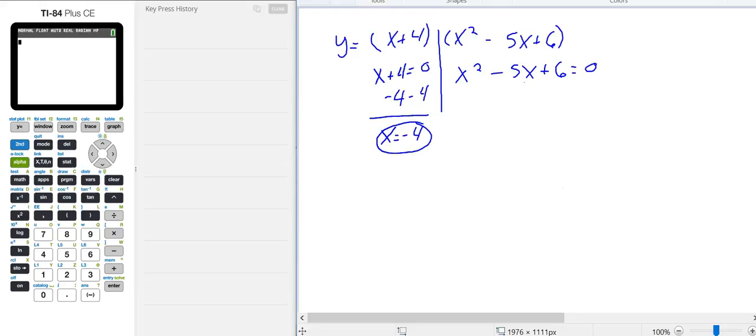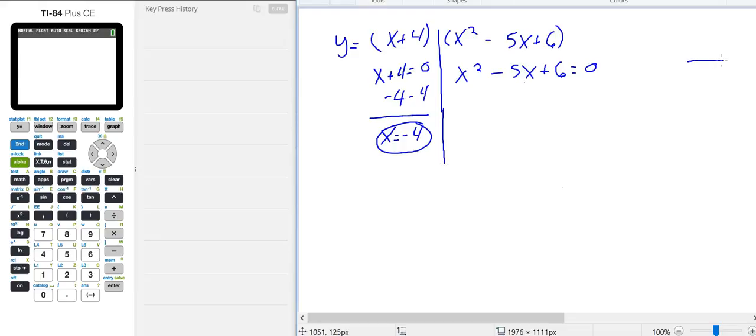How are we going to solve? Notice that the left side of this equation is a quadratic function because the highest exponent is 2. How are we going to solve this function? First, when it's set equal to 0, we need to solve it for x. We have to factor this expression. It wasn't given to us in completely factored form. It was only partially factored. So we need to factor it so we can set each of the two factors equal to 0.